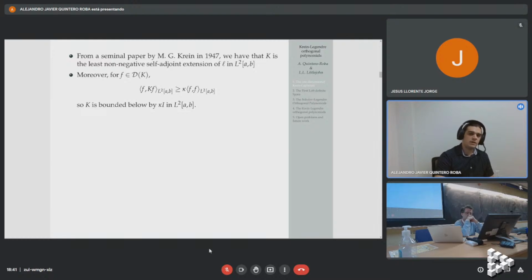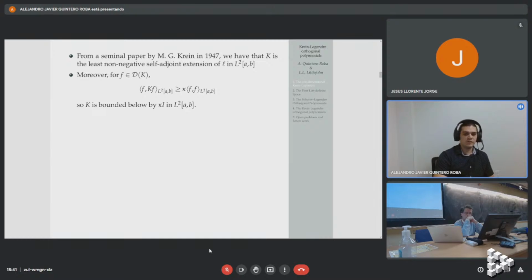Ahora, toda esta teoría del operador de Crane está completamente estudiada e incluso se han estudiado perturbaciones del operador, y no es lo principal de lo que voy a hablar hoy.